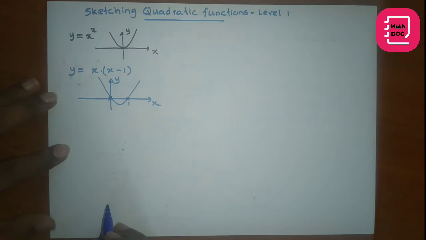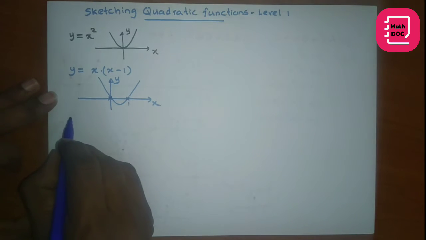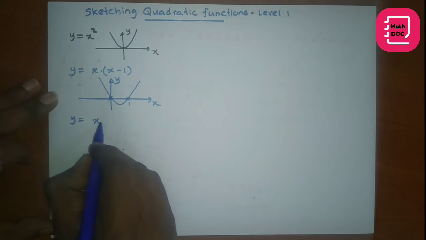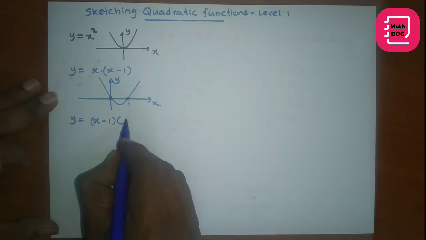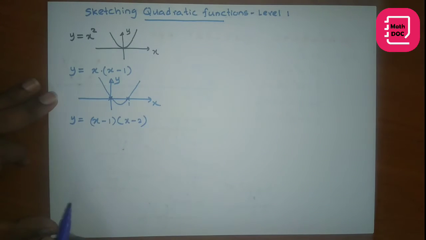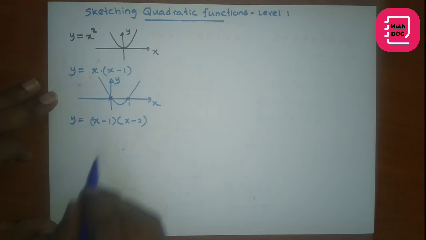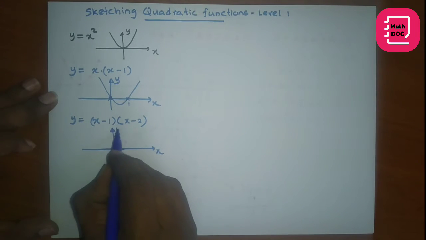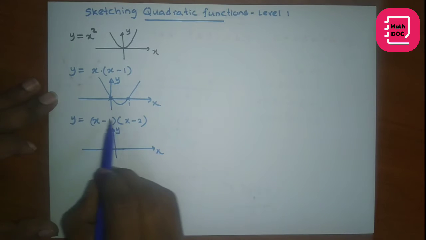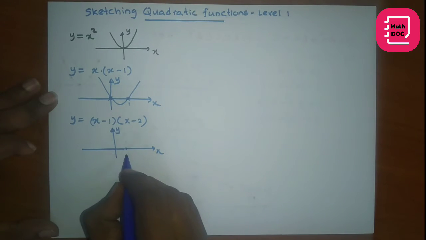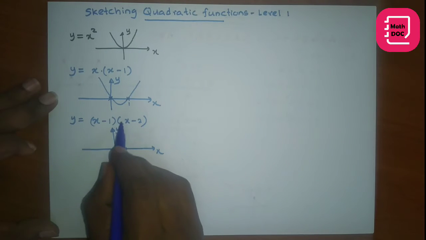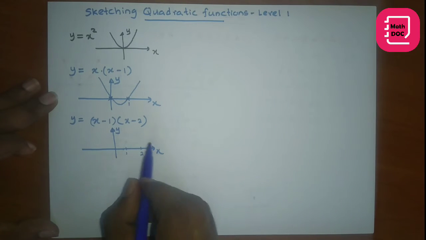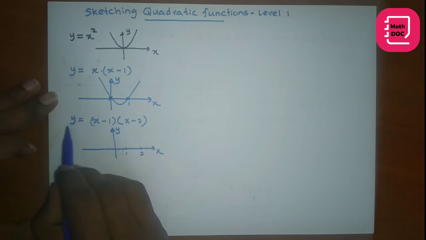Okay, let's do another one. Y equals (x minus 1)(x minus 2). Now analyze this. Here x-axis and y-axis. Now here there are two factors. This factor gets 0 at 1 and this factor gets 0 at 2. So we obtain this by equating the y value to 0. That's how we get x-intercepts.